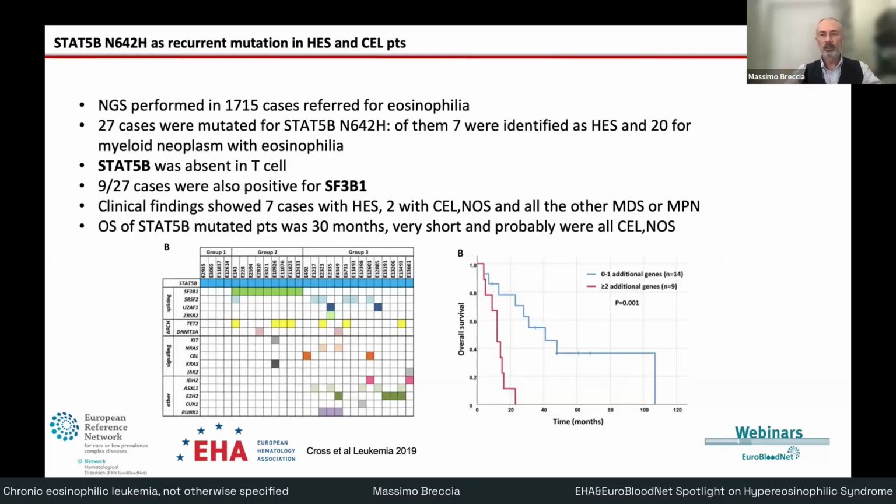Seven were initially identified as HES and 20 as myeloid neoplasm with eosinophilia. The mutation was completely absent in the T cells, and 9 of 27 cases were also positive for SF3B1. Where the STAT5B mutation exists, the overall survival of patients with CEL-NOS is very short, and it could probably be detected as a possible marker of this rare disease.